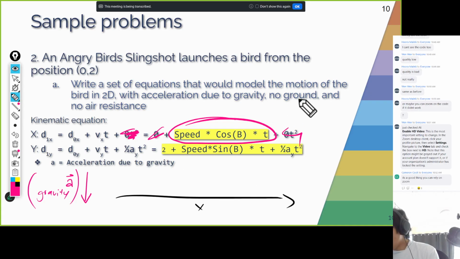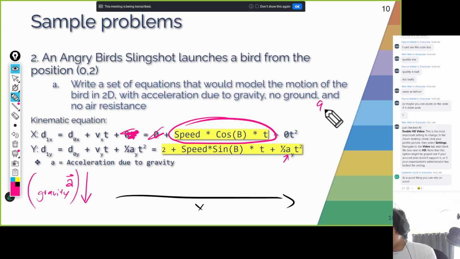So now, to model the motion in the y direction, what are we going to do? He starts at position y0. He has an initial velocity in the y direction equal to something we worked out before, speed times sine of the angle. Then multiply that by time. And for the acceleration term, we're going to have to halve it.